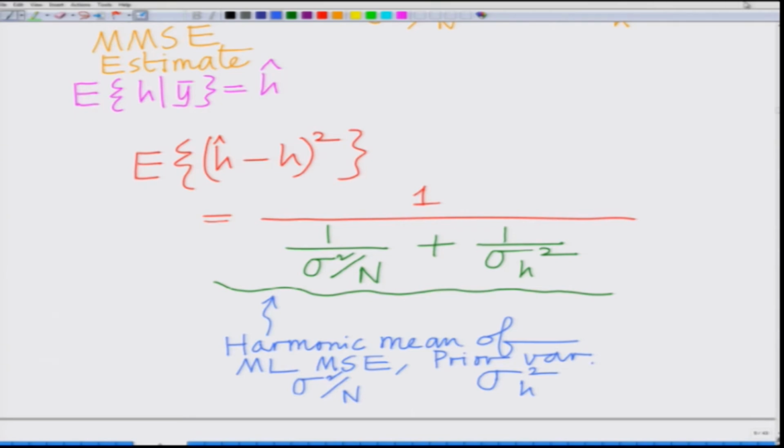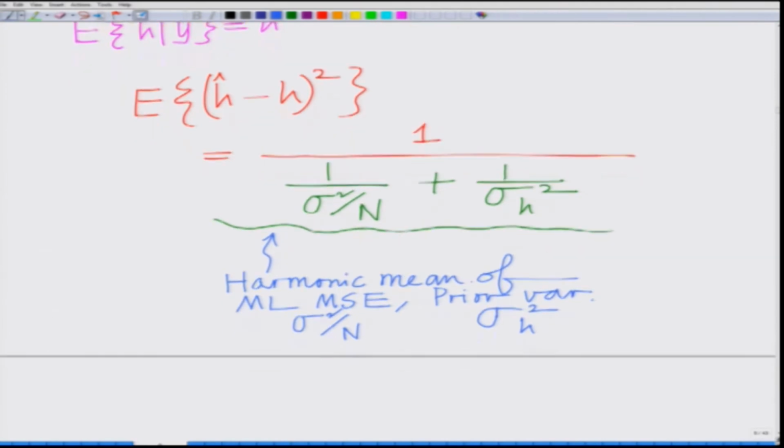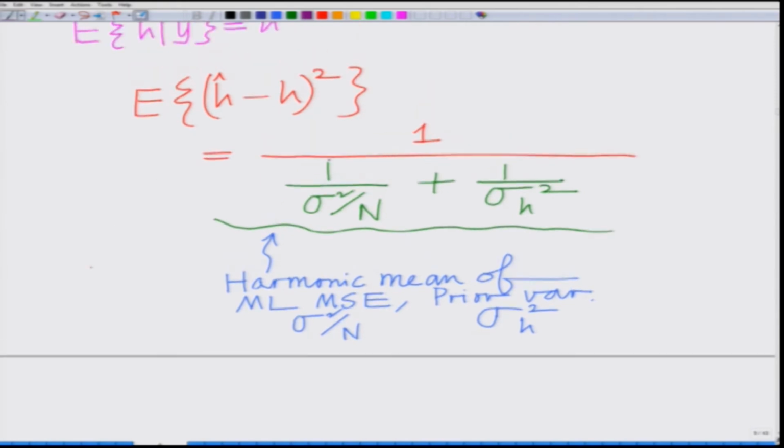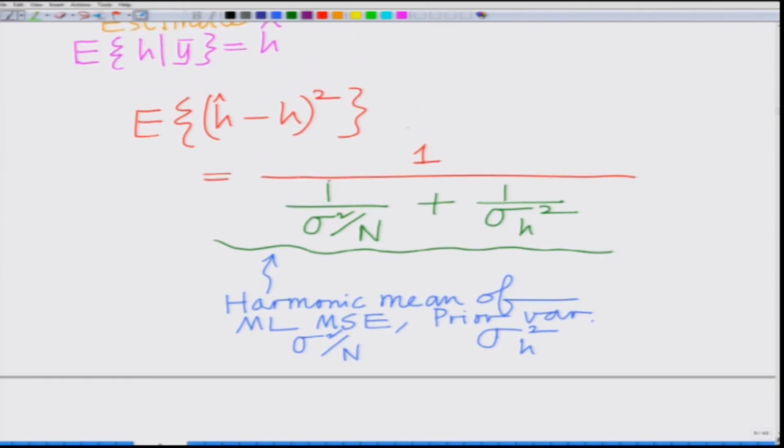Okay. This is the harmonic mean of the mean squared error of the ML estimate and the prior variance. And now you can also observe an interesting thing. Let us look at the behavior of this as n increases.